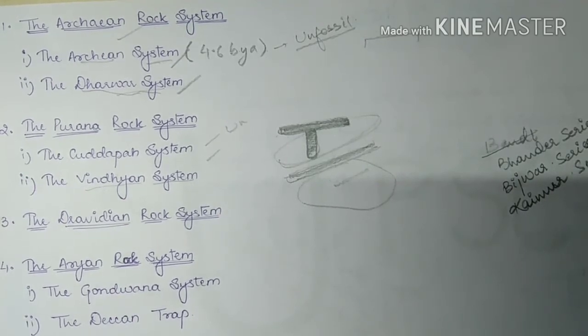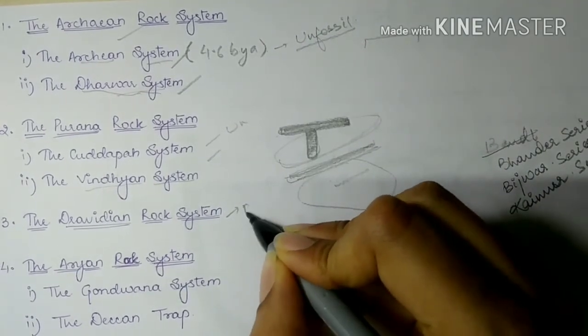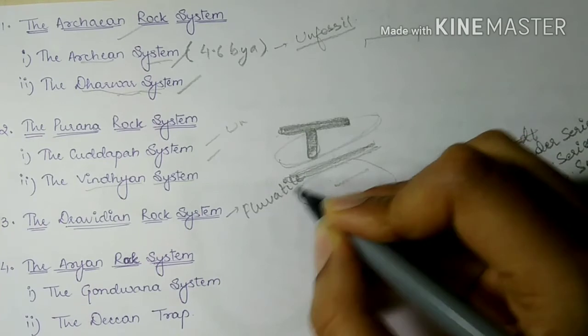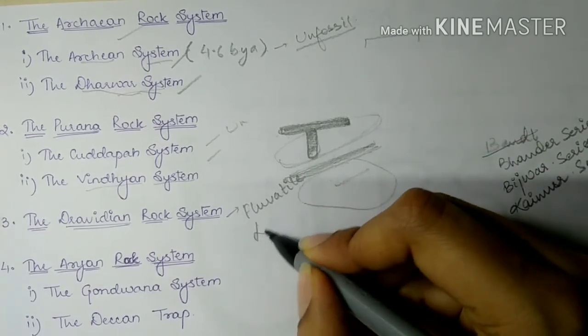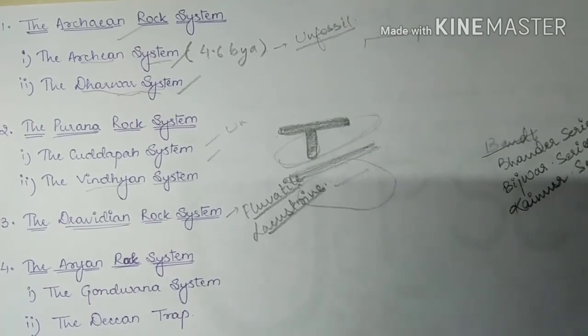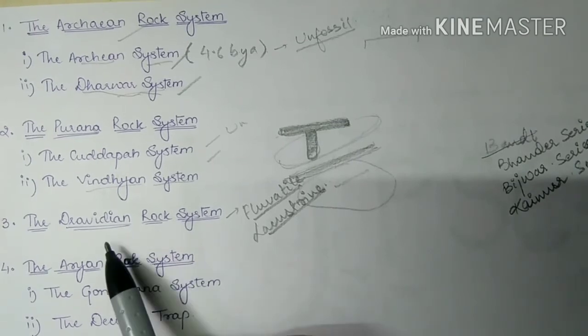Okay, and the formations are fluviatile and lacustrine. Because we have deposition of river basin and lakes, because of that we have subsidence of land during this period.